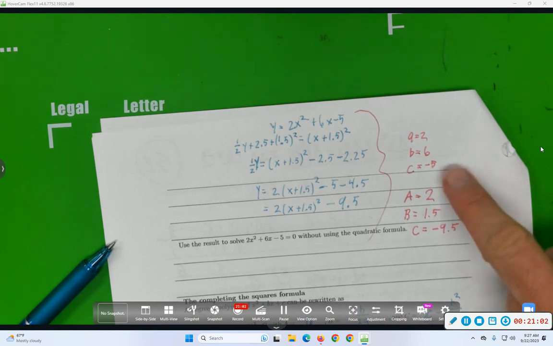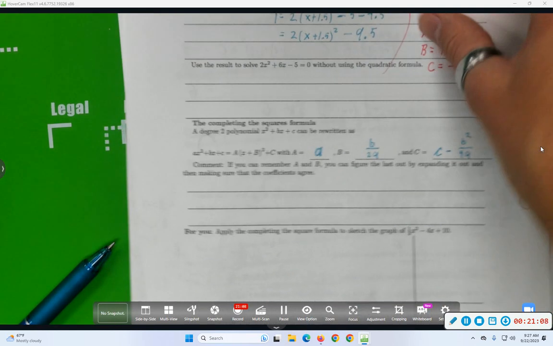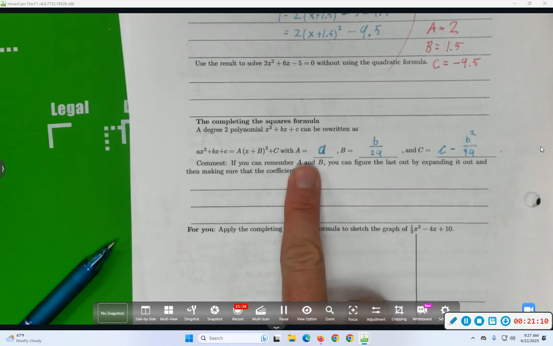So let's see if this agrees with that formula. Did our big A wind up being exactly the same as little a? Nice. And it makes sense why that should be, I think. That's what's going to wind up in front of the x squared.